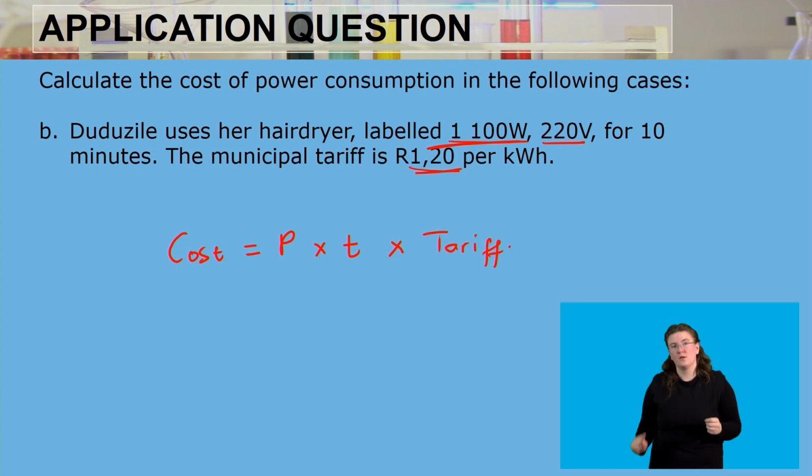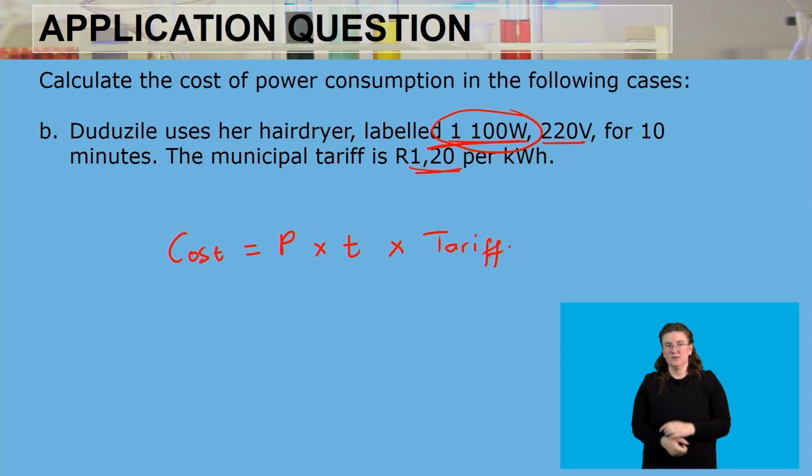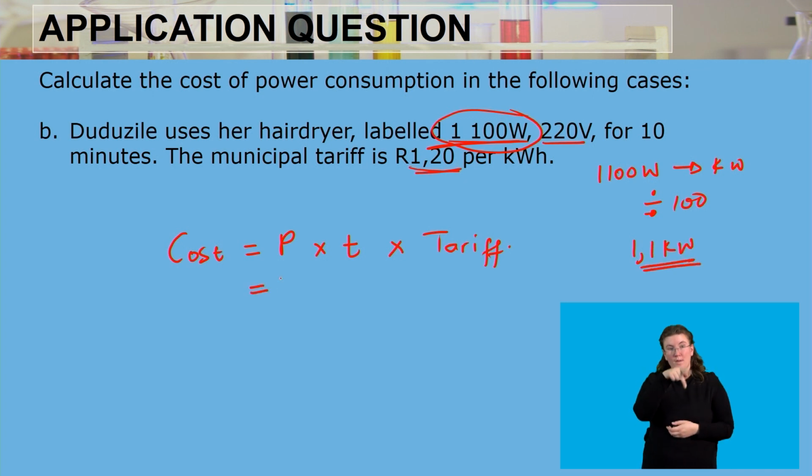The first thing to do before anything else is to divide the 1,100 by 1,000, converting 1,100 watts to kilowatts. Remember, we divide by 1,000, and that gives us 1.1 kilowatts. So the power is 1.1.